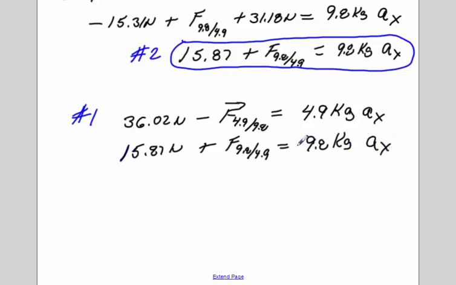Well, the easiest way to solve this at this point is just to use elimination. You could do substitution, I don't care. You could also set up matrices. But if you notice, if you add these 2 equations together, you lose these values. These are exactly the same forces but equal and opposite in direction. So when I add this value here, I'm going to get 15.87 plus my 36.02.